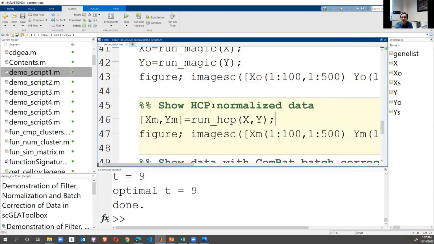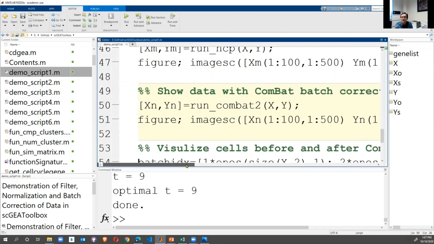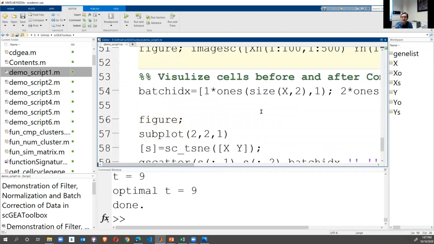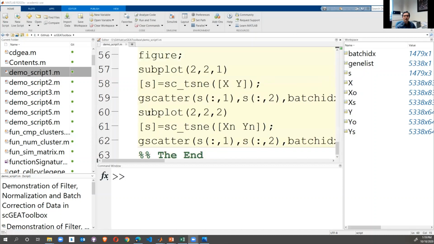There are other normalization methods, imputation methods. There are methods for correcting for batch effects. Okay, that's about the basic manipulation and normalization for the initial original UMI matrix.